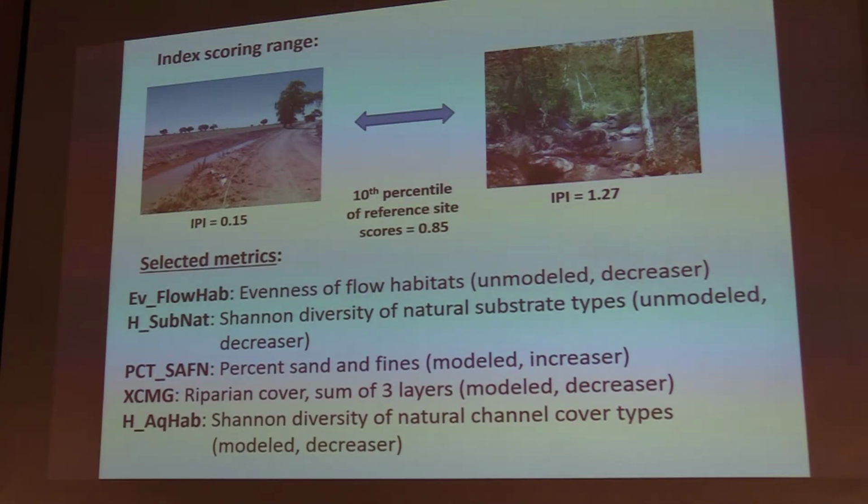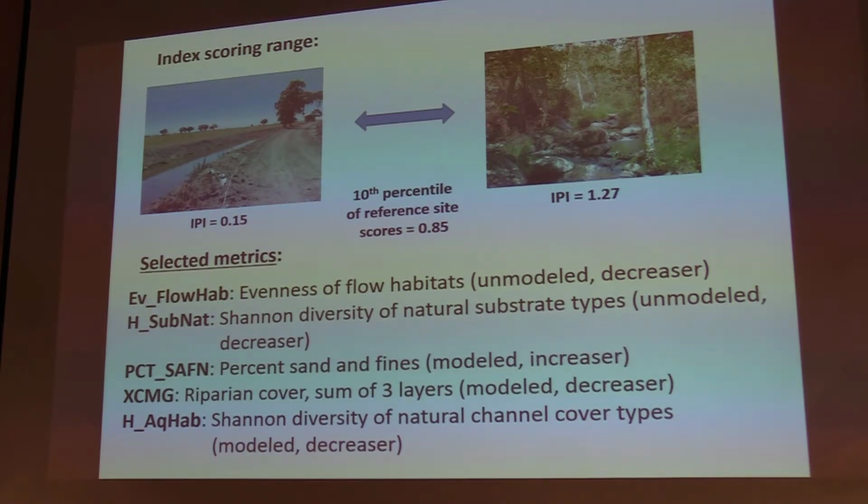The selected metrics were evenness of flow habitats, which was an unmodeled decreaser, Shannon diversity of natural substrate types, which was also an unmodeled decreaser, and percent sand and fine substrate, which was a modeled increaser. Now we know that sand and fines can actually be decreased in the environment compared to what it should be naturally based on some types of human alteration, like below dams or in concrete lined channels, but that mostly wasn't supported by our data set.